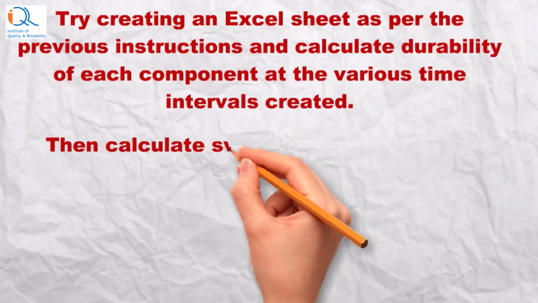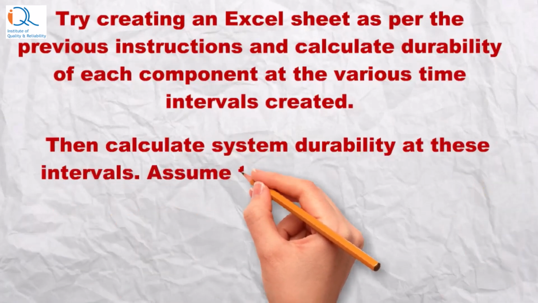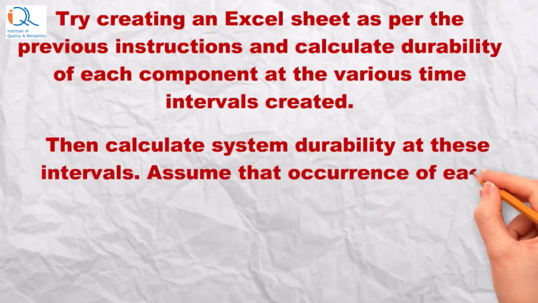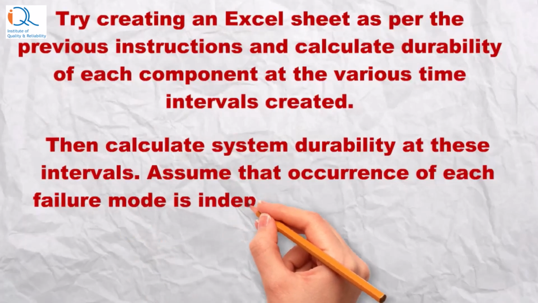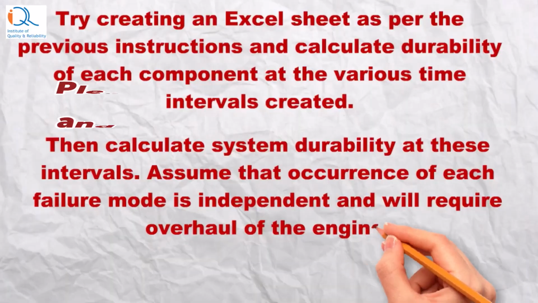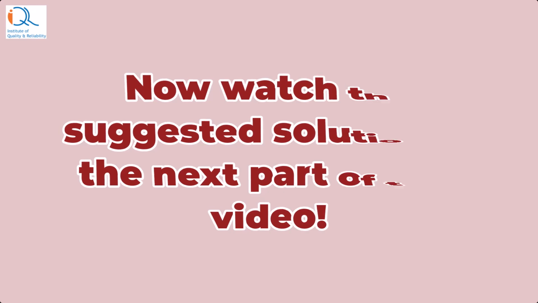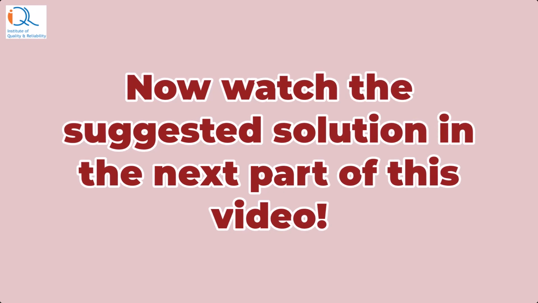Then calculate the system durability at these intervals. Assume that occurrence of each failure mode is independent and will require overhaul of the engine. Please pause the video now and then try the exercise on Microsoft Excel. Are you done? Now watch the suggested solution in the next part of this video.